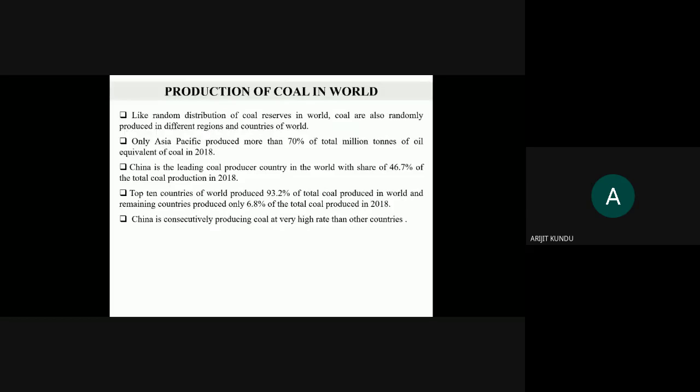And the top 10 countries of the world produced 93.2% of the total coal produced in the world, and the remaining countries produced only 6.8% of the total coal produced in 2018. This is the big data of my research, that 93% of coal was produced by the top 10 countries.